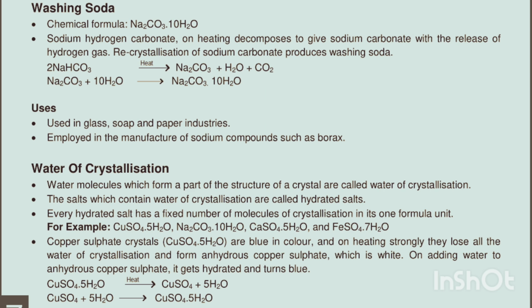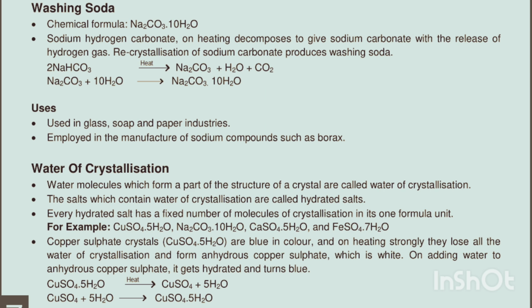Next we have water of crystallization. What is water of crystallization? Water molecules which form a part of the structure of crystals are called water of crystallization. Those are called water of crystallization.